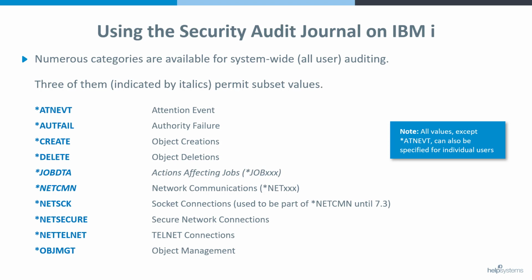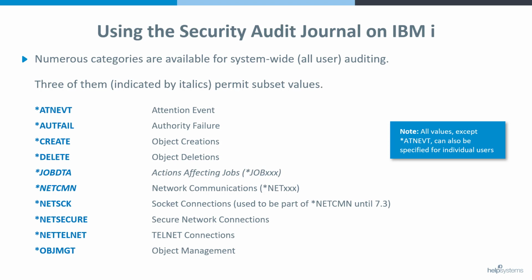It's important to note that all of these options, with the exception of the first one in this list, can also be specified on a user-by-user basis. The purpose in doing this at a system level is to simplify the task if you want all of the activities from all users activated rather than have to go to each individual user one by one.